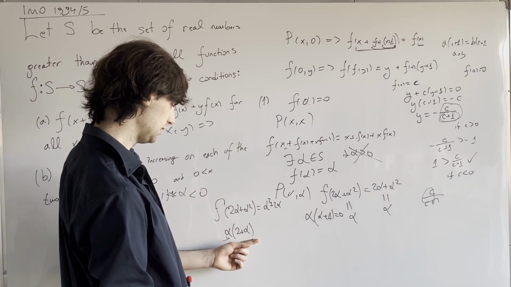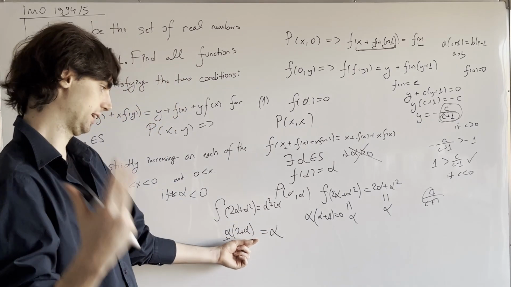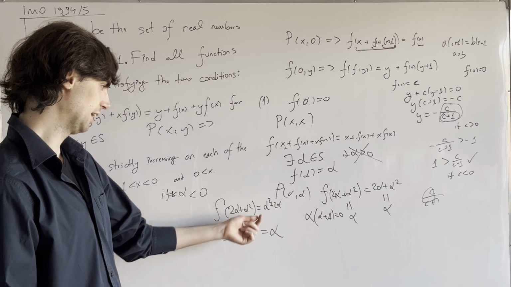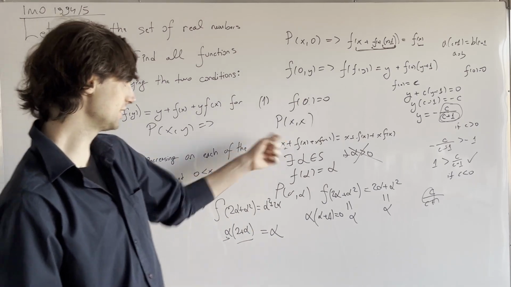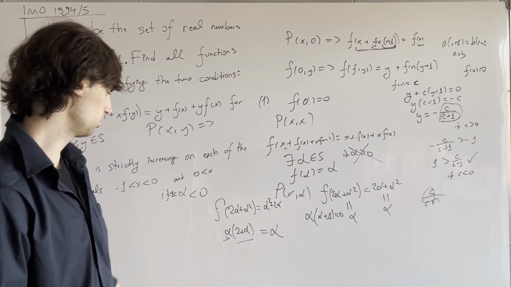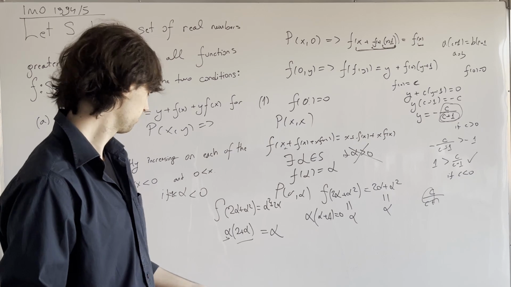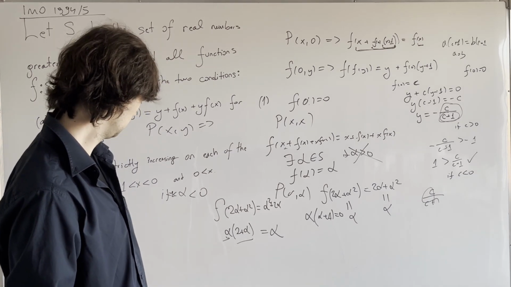And now this thing needs to be equal to alpha as well, because it's another negative value. And if it's a negative value, you can only have one such thing here. So we get this is equal to alpha, and then either alpha is 0 or alpha is now -2.